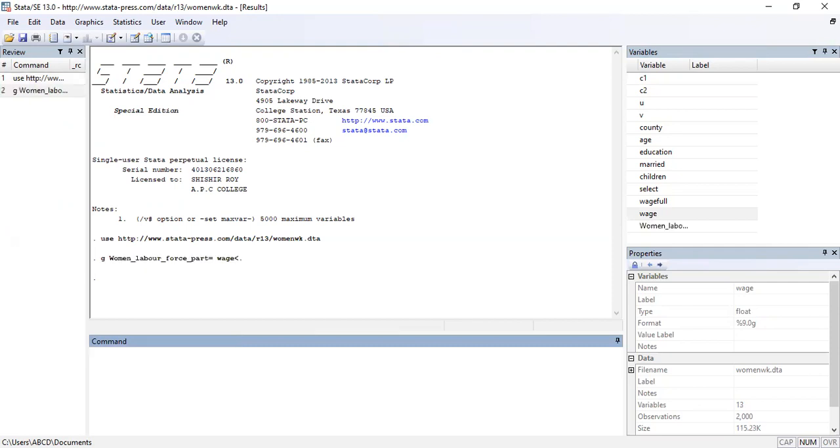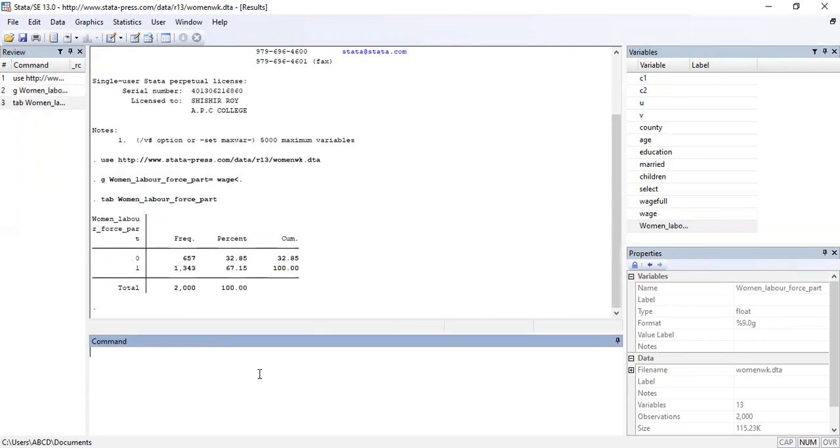Then we will get a new variable that is a dummy variable. We will tabulate the new variable, women labor force participation, which is 1 and 0. Here 0 means that women aged 20 and above are not participating in the labor market.